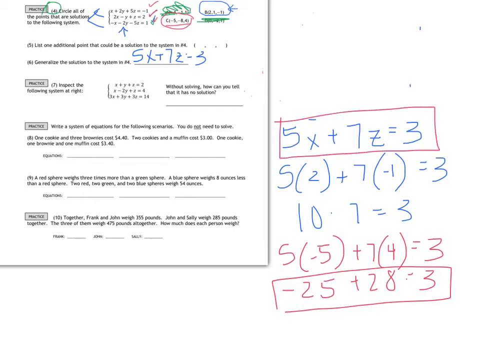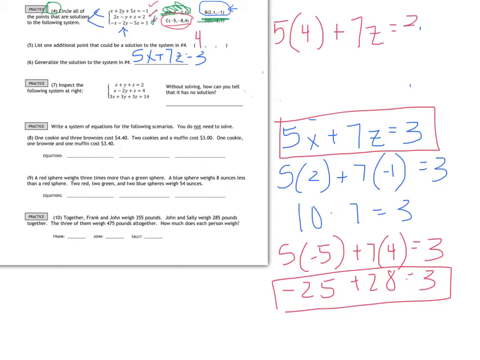So I'm going to simply pick an x value. Let's pick, I don't know, 4. So we're going to do 5 times 4. If my x was 4, then I'm trying to figure out what my z would have to be.